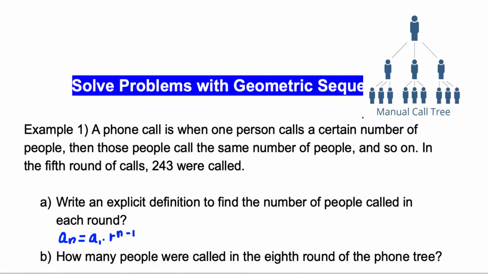But now, as we see from the figure, it says in each round each person calls 3 people. So the first term a1 is equal to 3. And what else do we have? In the fifth round, a5 is equal to 243.